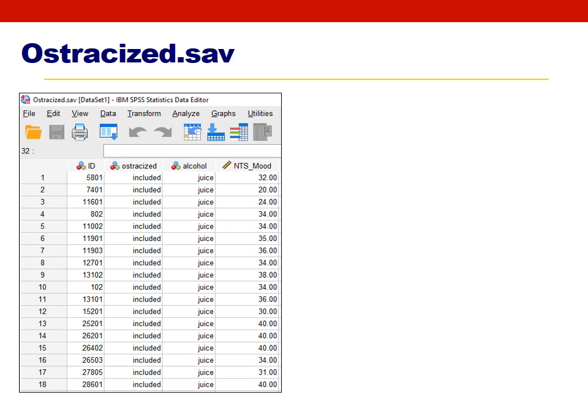For each participant, we know whether they were socially included or excluded. That's our first independent variable, which is called ostracized in the file. We also know whether they drank juice or vodka. That's our second independent variable, which is called alcohol. Finally, we know their mood, which is a variable called NTS mood.